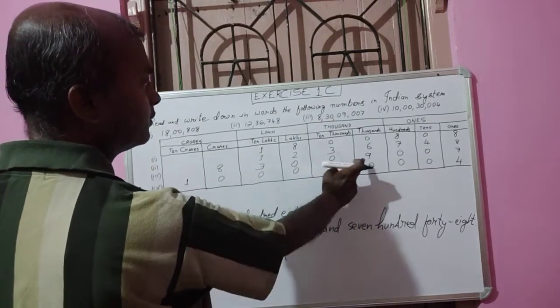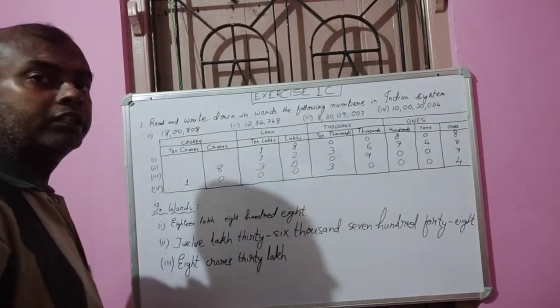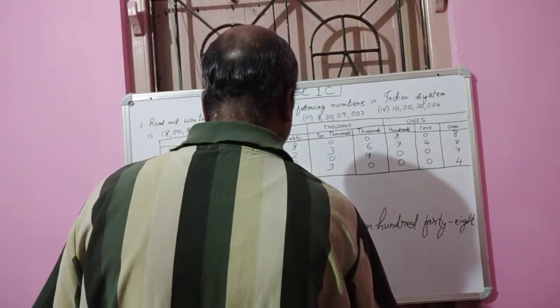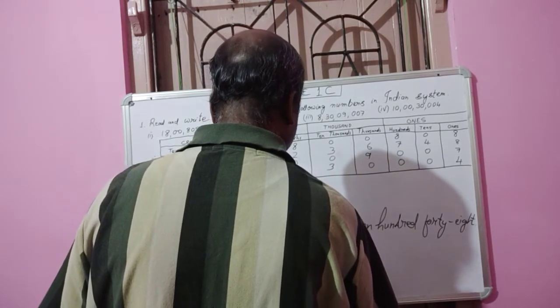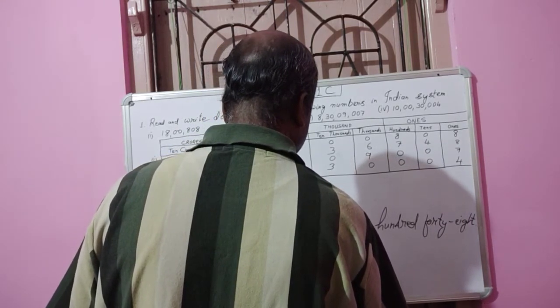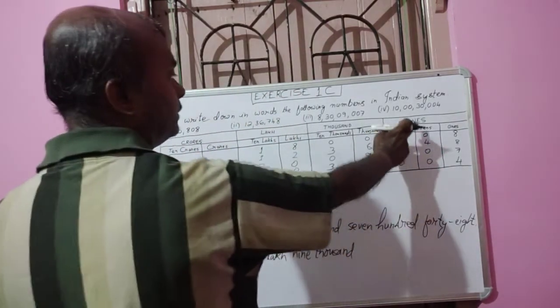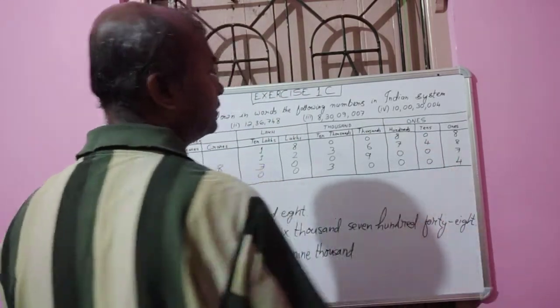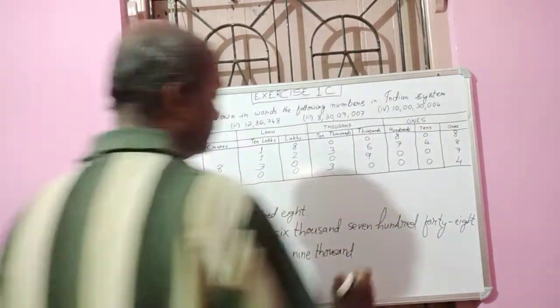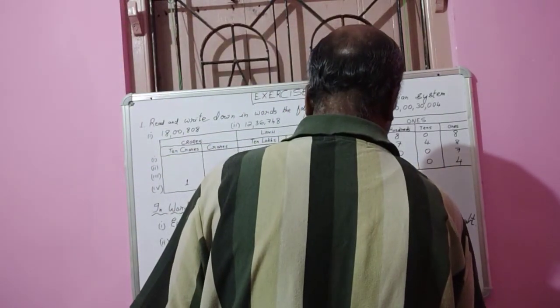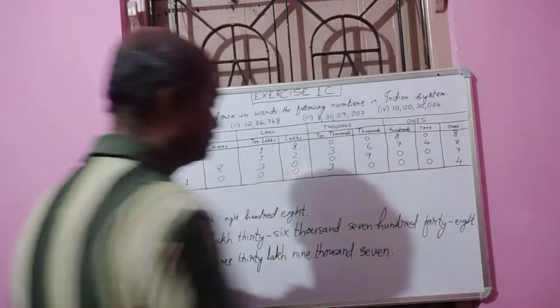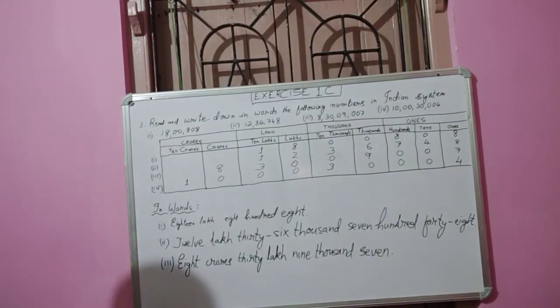Thousands group, what do you have? 0, 9, that means only 9. 9,000. And coming to the ones group, we have 007. It means only 7. 9,007. So this is the number in words: 8 crores, 30 lakhs, 9,007.